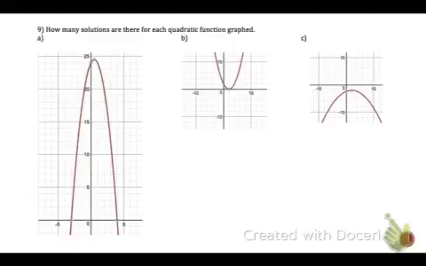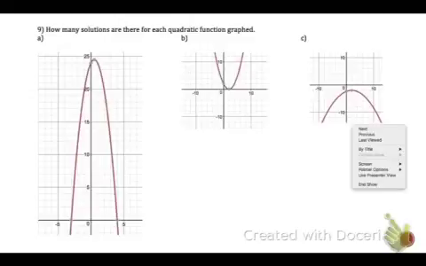Now lastly, we've got 3 graphs of quadratics in number 9. How many solutions are there for each quadratic function graph? Remember that a solution is an x-intercept. So on graph, let's just write that. Solutions are x-intercepts.